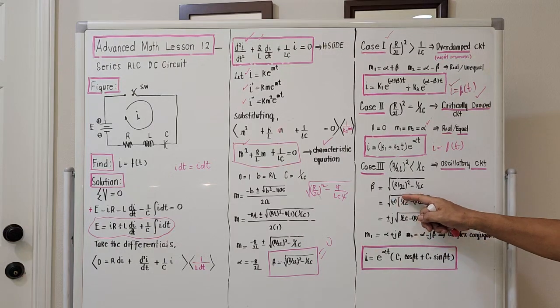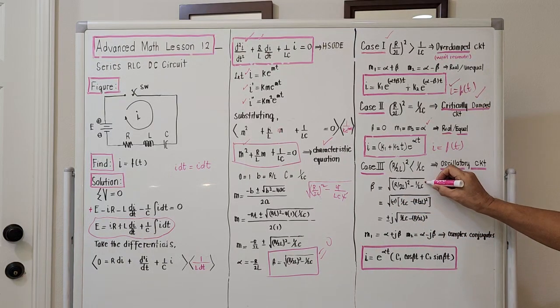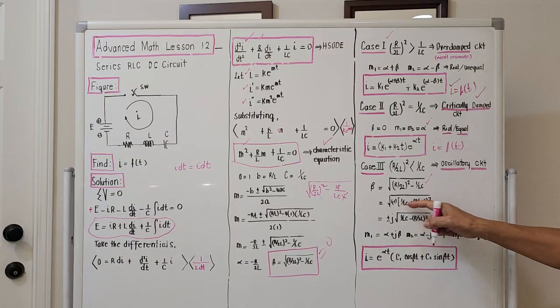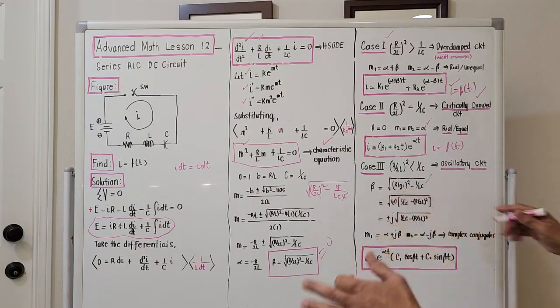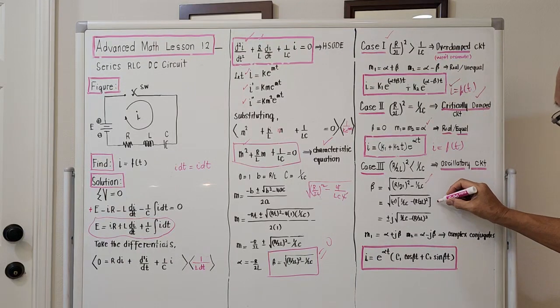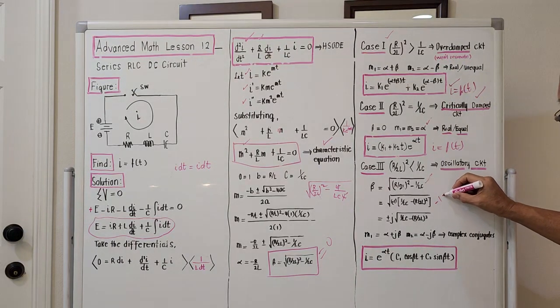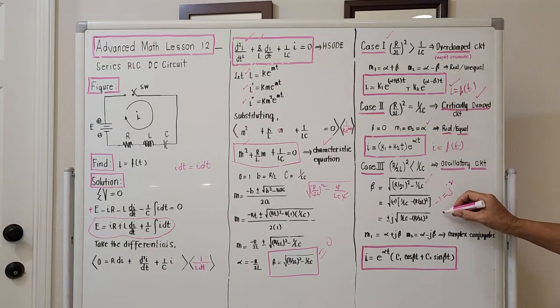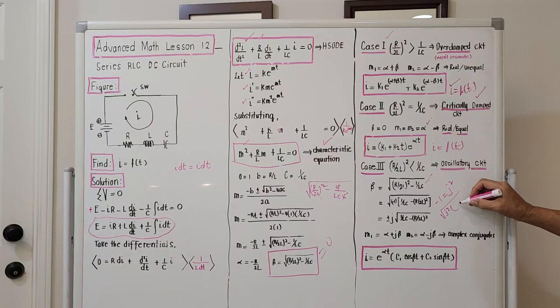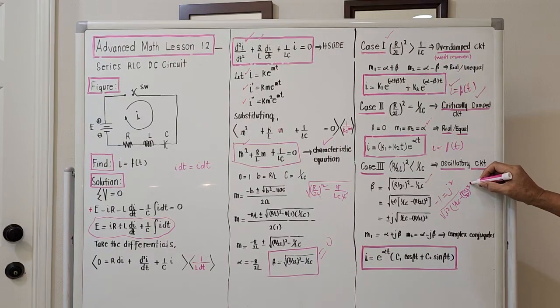Minus 1 times 1 over LC is this one, and minus 1 times minus (R over 2L) squared is the first one. We just rearrange, then replace minus 1 by j squared. So what comes out inside will be j squared times the quantity 1 over LC minus (R over 2L) squared.